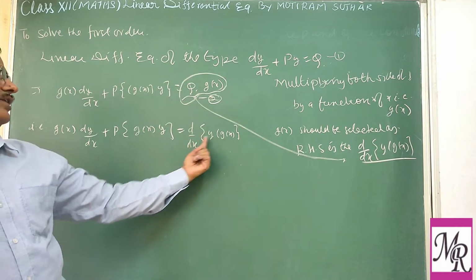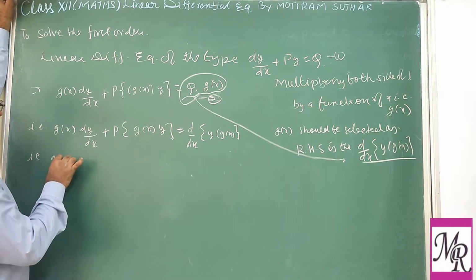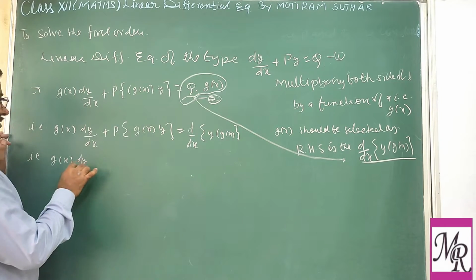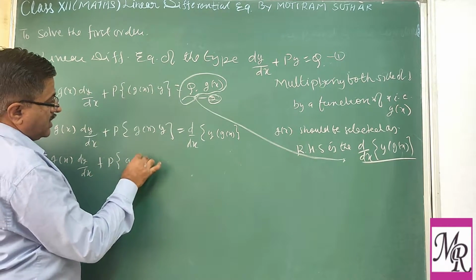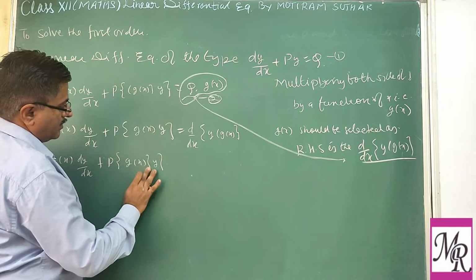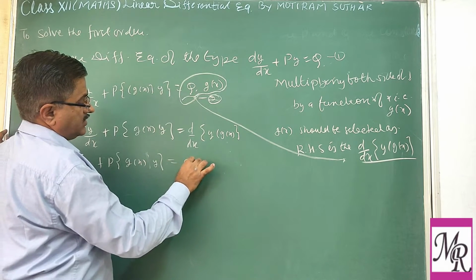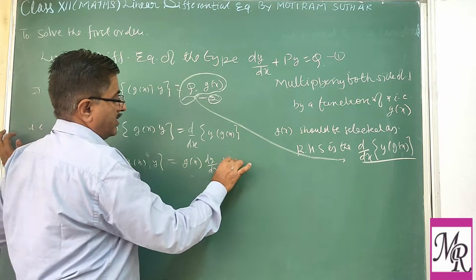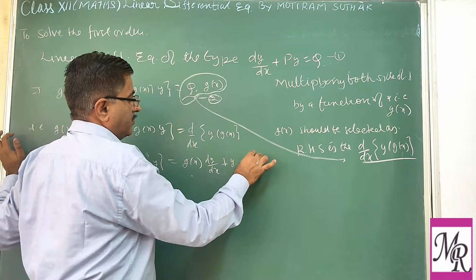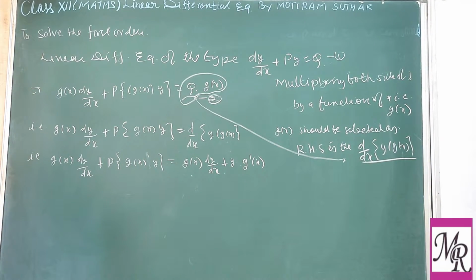Now you can find the derivative of this using the product formula: g(x) into derivative of y plus y into derivative of g(x), that is g dash x. Clear?